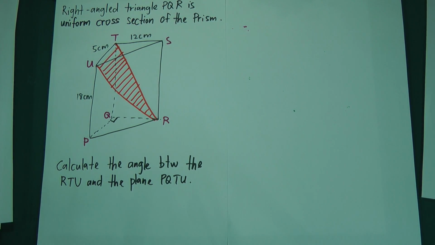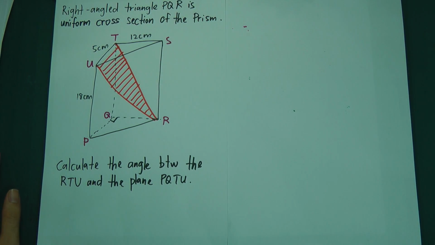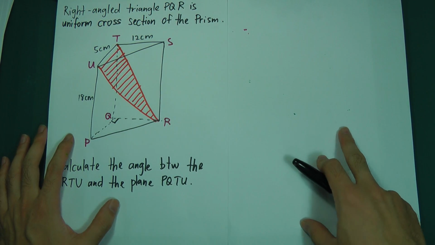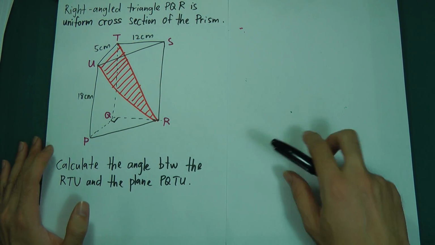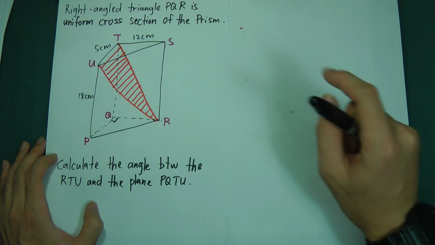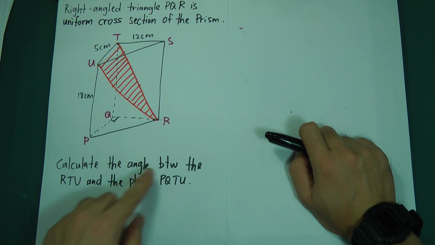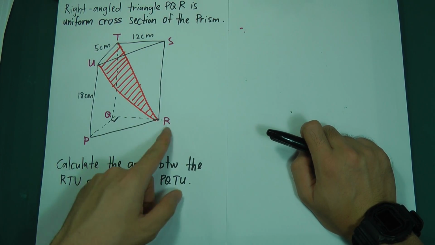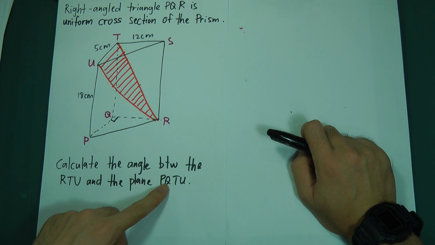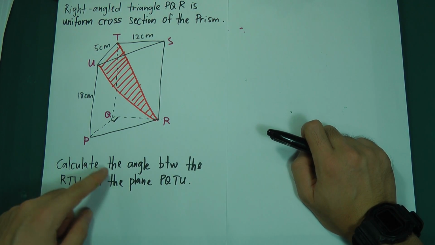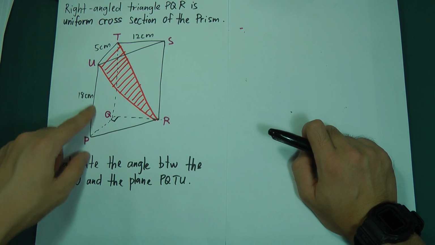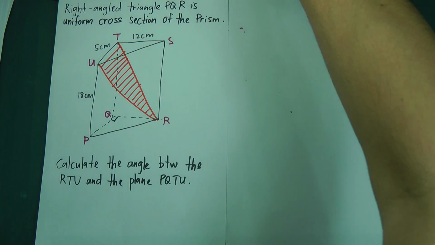Actually, this formula you can find on a lot of reference books. They will say that when you got 2 planes, which is plane RTU and the plane PQTU. Where is PQTU? PQTU is the behind one.